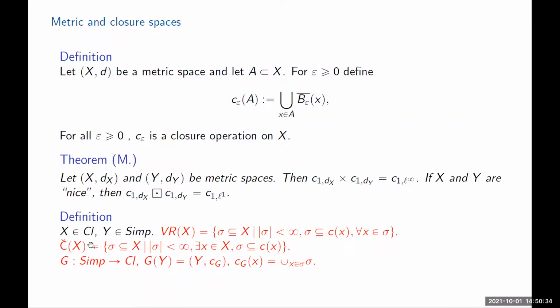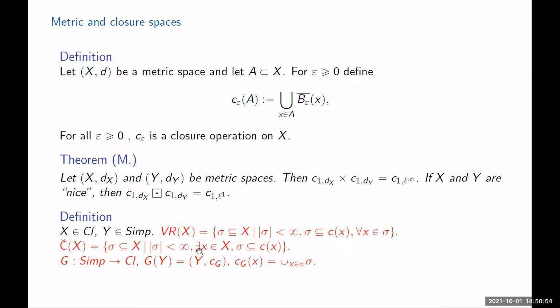Okay. And also, wanting to incorporate this furthermore into TDA: suppose you have a closure space and suppose you have an abstract simplicial complex. There are some corresponding functors between the category of closure spaces and abstract simplicial complexes. I'm going to call one of them VR, standing for Vietoris-Rips.